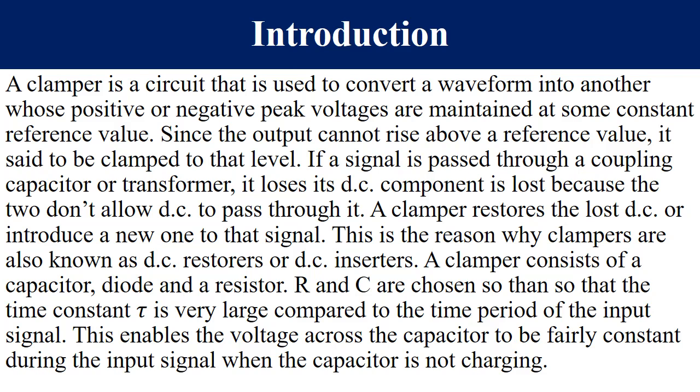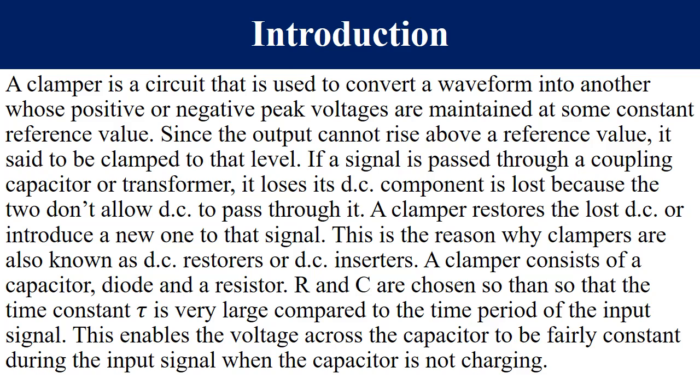Please take note that a clamper is basically made up of a diode, a capacitor, and a resistor. If we multiply R and C, we get what we call tau, which is the time constant. The values of R and C are chosen so that the time constant tau is very, very large.